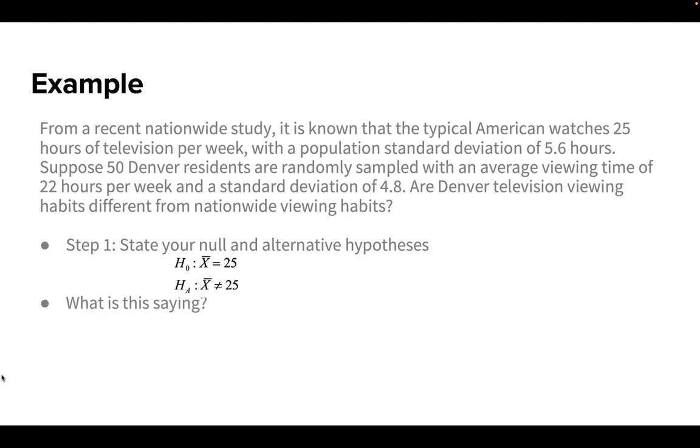We say, okay, well, our hypothesis H0 is that the mean will be 25 hours per week. And if we're disproving that, well, our alternative hypothesis, it's not 25. Now, it could be higher, it could be lower, but it's basically saying, okay, if it's not 25, then our hypothesis is wrong.